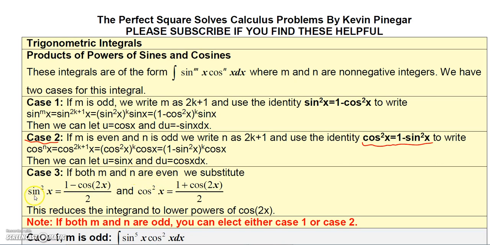And so the trick there is you can actually replace sine squared x with this identity, 1 minus cosine 2x over 2. And you can replace cosine squared x with 1 plus cosine 2x over 2. And so now that would reduce the integrand to lower powers of just cosine 2x.